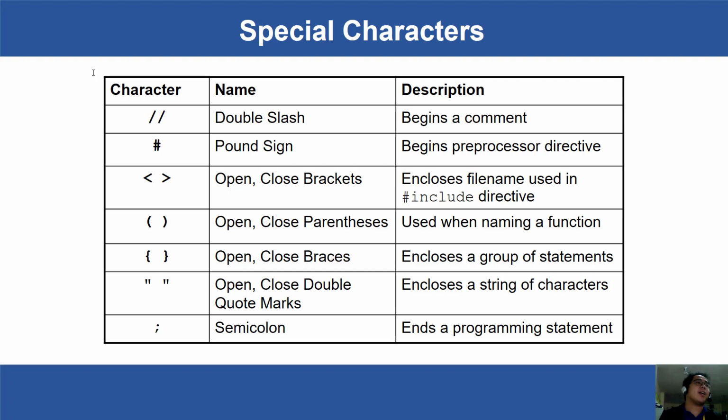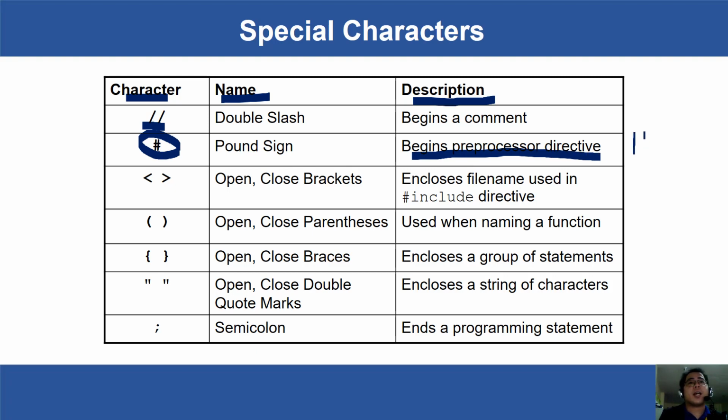Okay. So, I have here the table: character, pangalan niya, and we have the description. So, pag nakita niyo yung double slash, that is a comment. Okay, pound sign, ginagamit siya for the preprocessor directive.